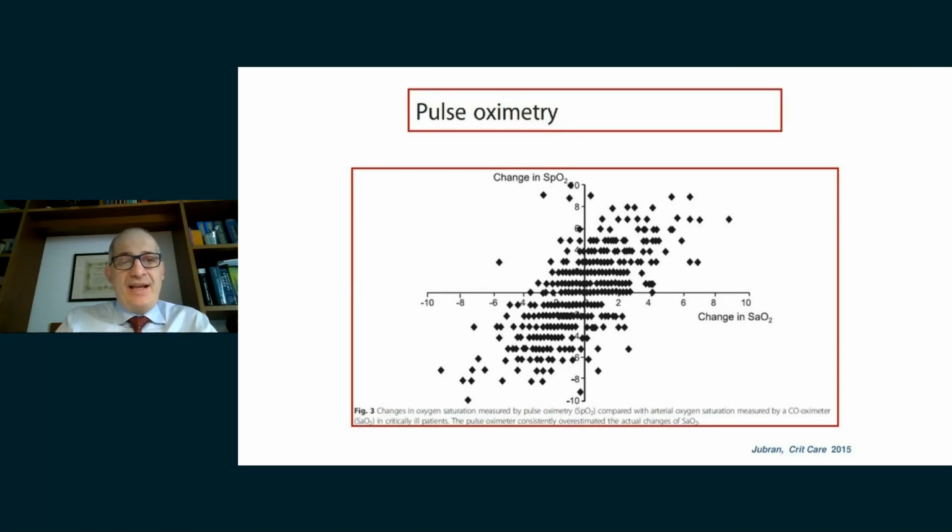And as you can see, there is not a very good relationship between the change in arterial saturation obtained by pulse oximeter and the change obtained by blood gas analysis. And the pulse oximeter always overestimates the gold standard, in this case the blood gas analysis.